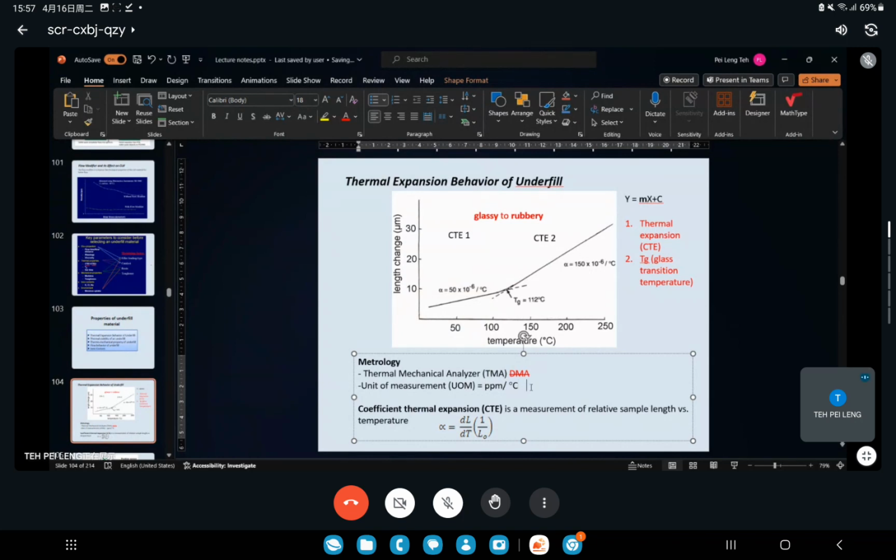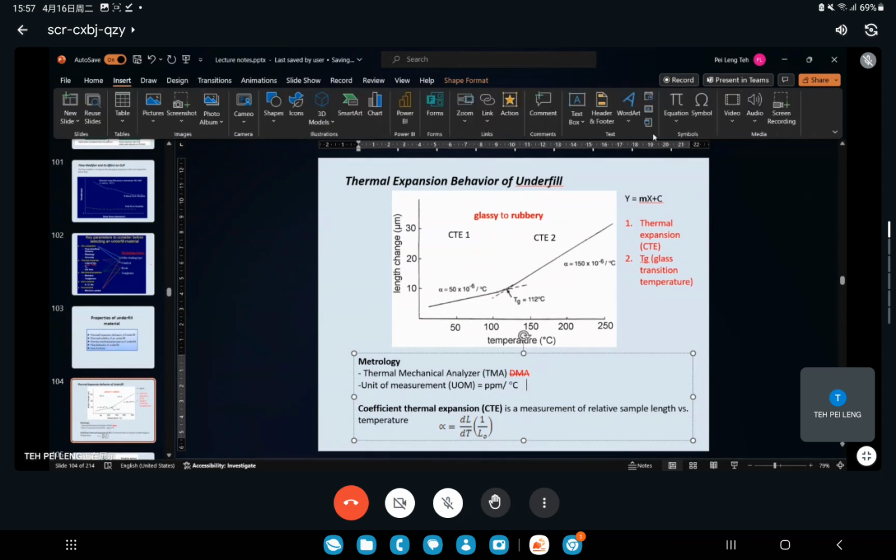Okay, micron. You either give me ppm per degree Celsius, micron per degree Celsius, or 10 to the power of -6 per degree Celsius also is correct. Same. These three are same.